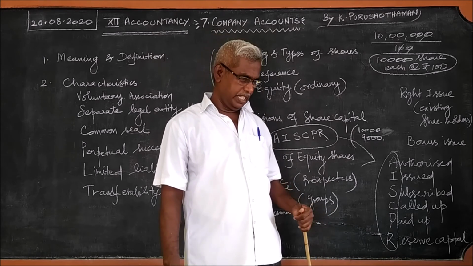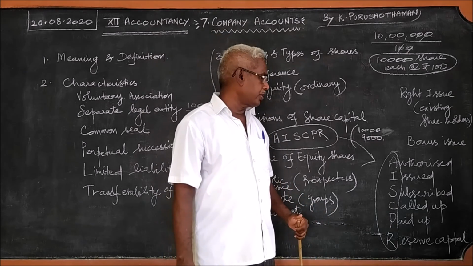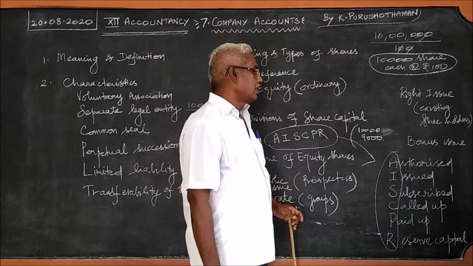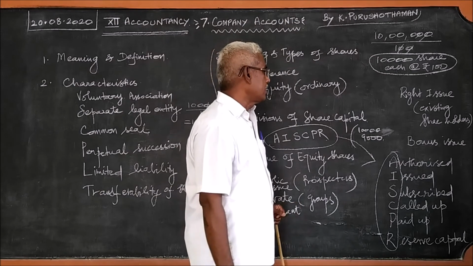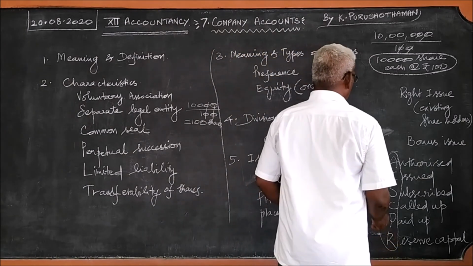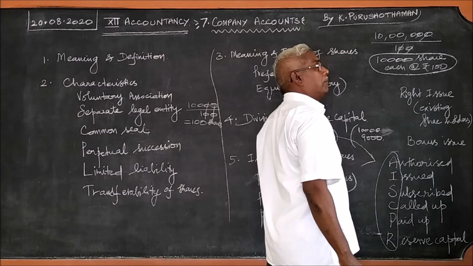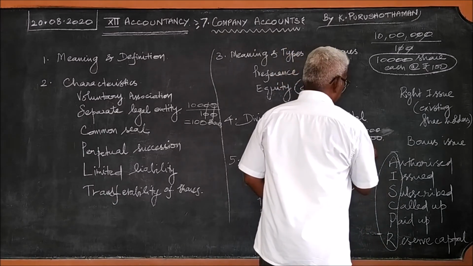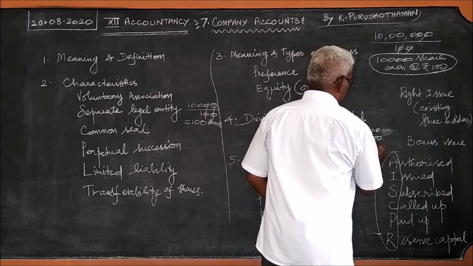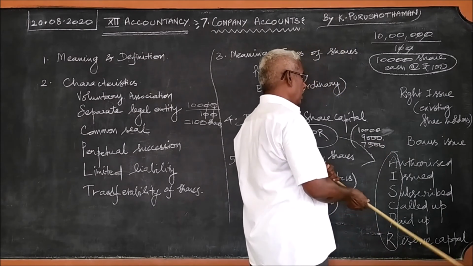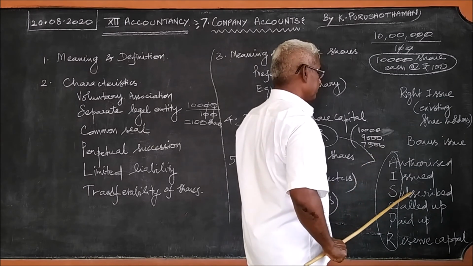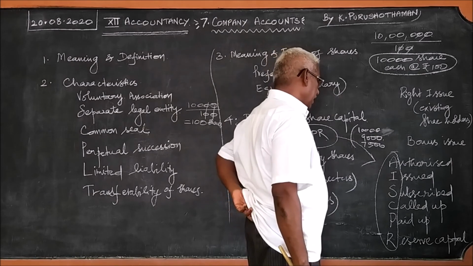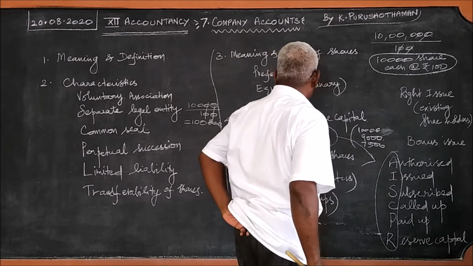So how many shares are subscribed? Out of these 9,000, sometimes all 9,000 shares will be subscribed by the public. They may buy 9,000 shares, 8,000 shares, or even 7,500 shares, and that is called subscribed capital. Then what do you mean by called up capital and paid up capital?